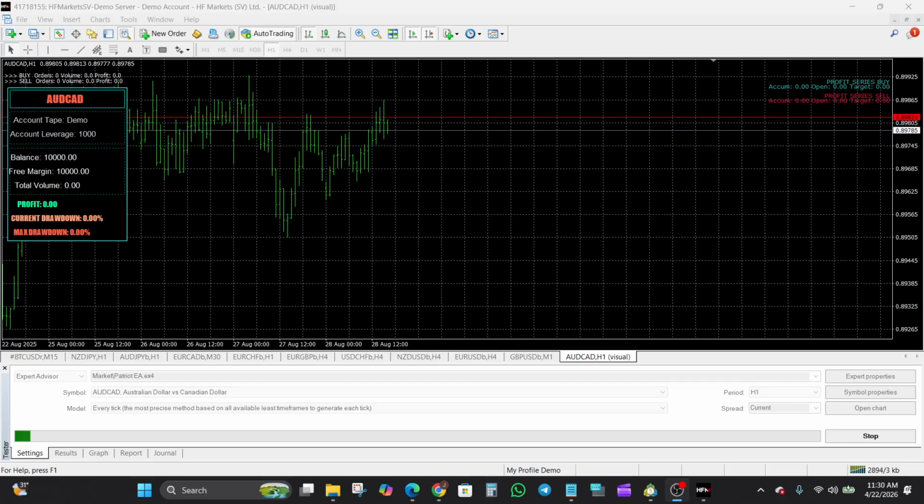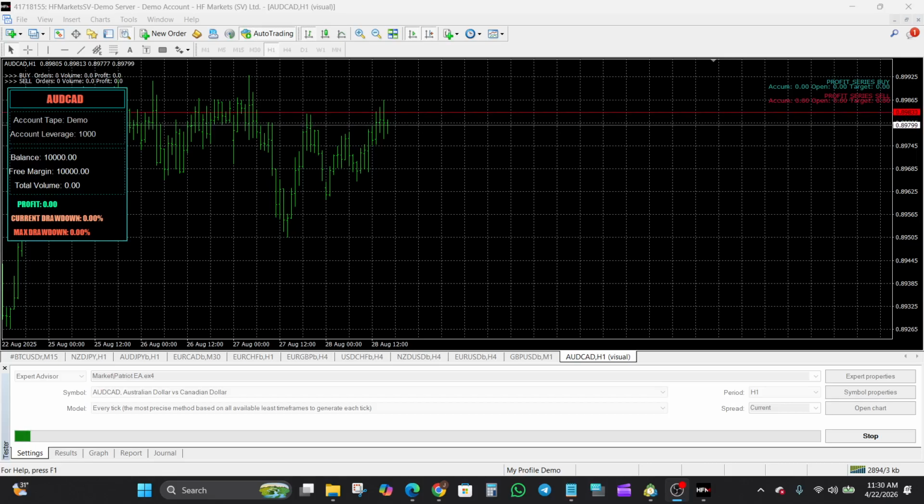So the EA reacts to price moving against its initial position and tries to average into a better overall entry. This kind of behavior typically performs best in ranging or mean reverting markets where price eventually pulls back.